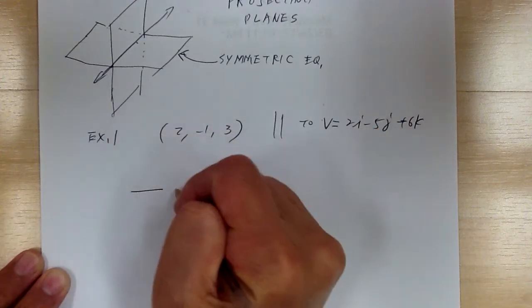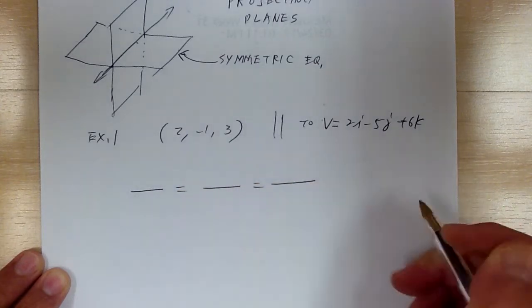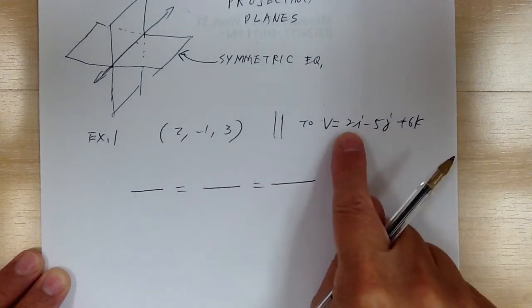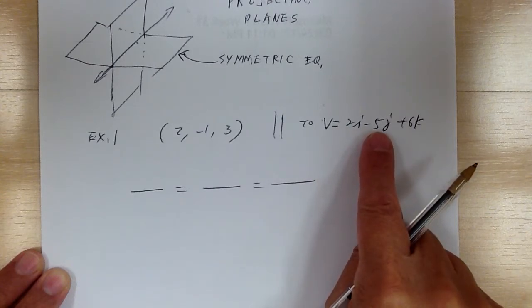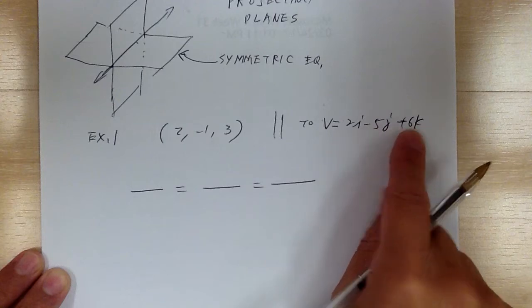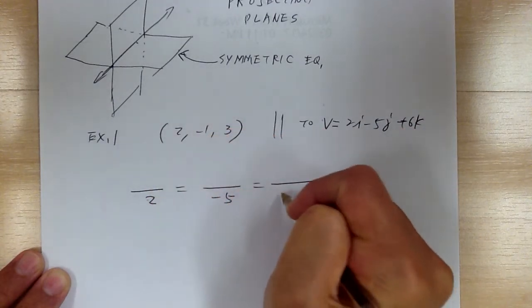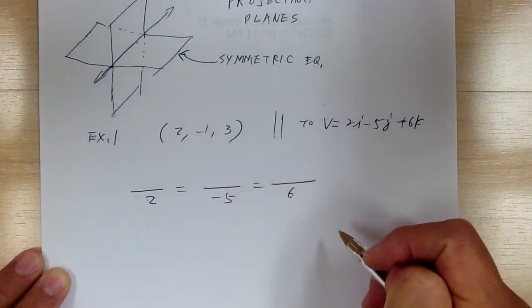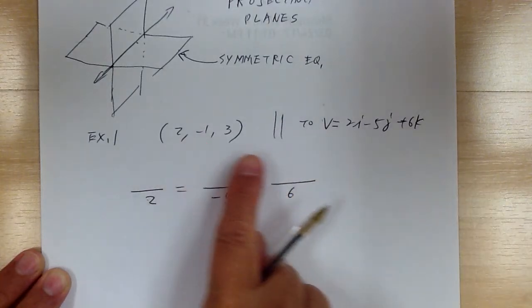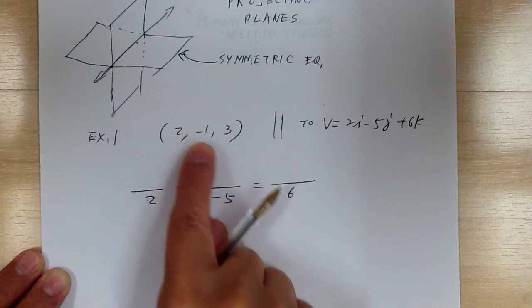So again, get your equation ready. You see these direction numbers; these go to the denominator. So you got 2, negative 5, 6. And since you have to go through this point, you have to use this point.